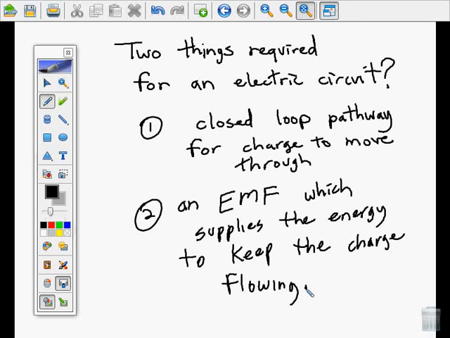You need a closed loop pathway for the charge to move through, and you need an EMF, the energy supplier, to keep the charge flowing.